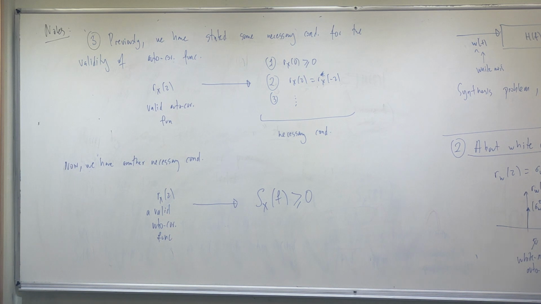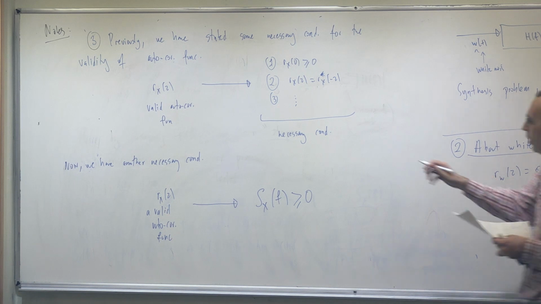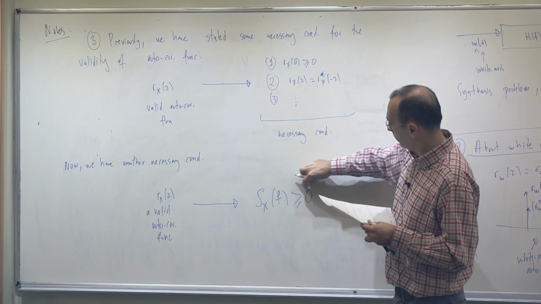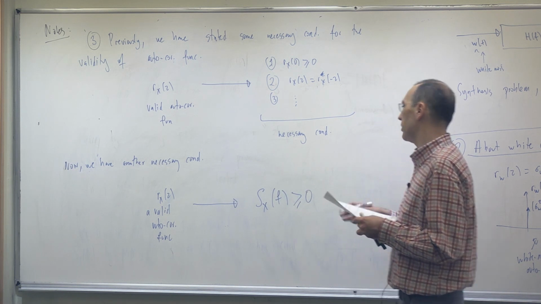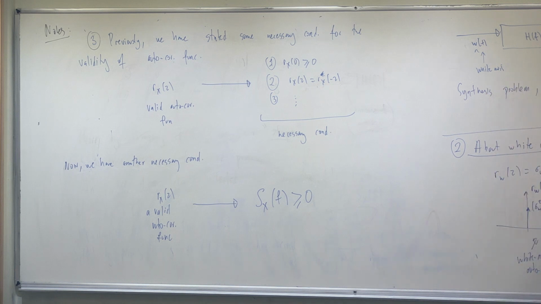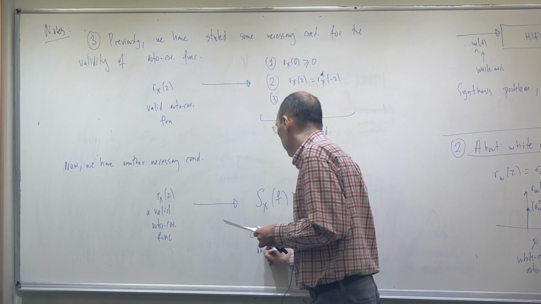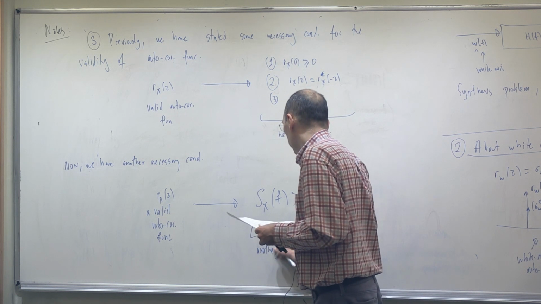I mean, these are the properties of the autocorrelation: it is real valued, non-negative valued. Its weight is equal to the total power of the process, etc. So this is another necessary condition.